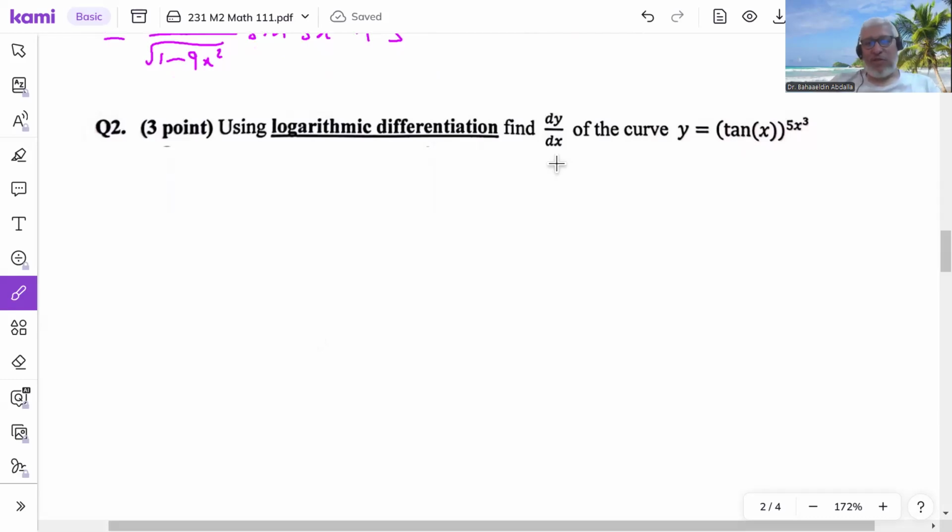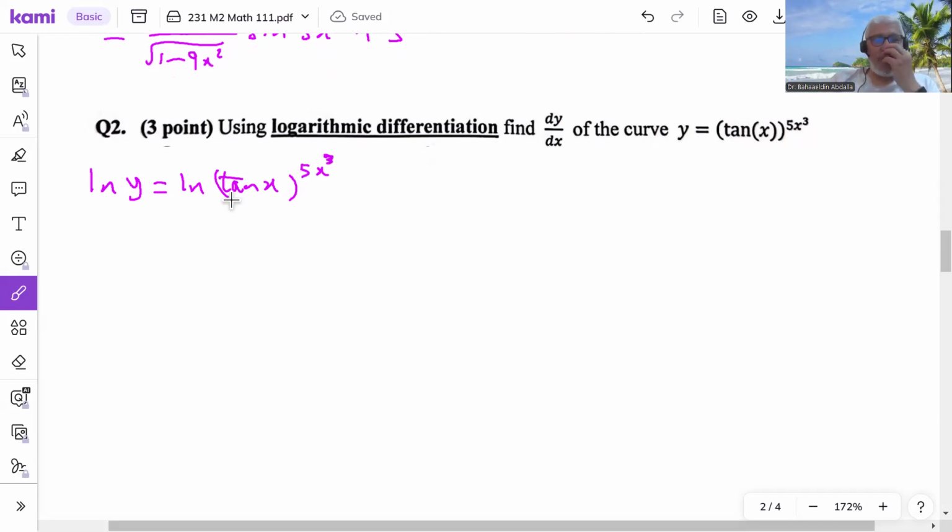Using logarithmic differentiation. What is logarithmic differentiation? When we have a function like this, y equals, we start by applying ln to both sides. So I write ln y equals ln tan x to the power 5x cubed. So that's the first step.